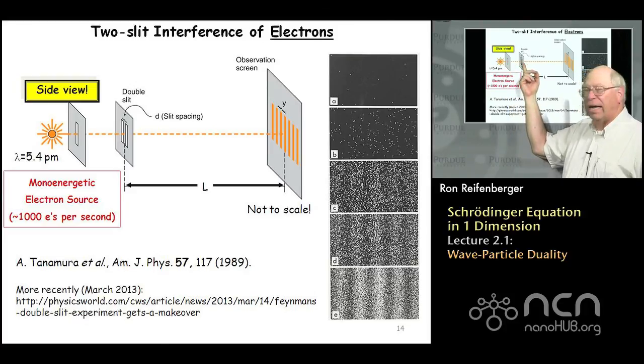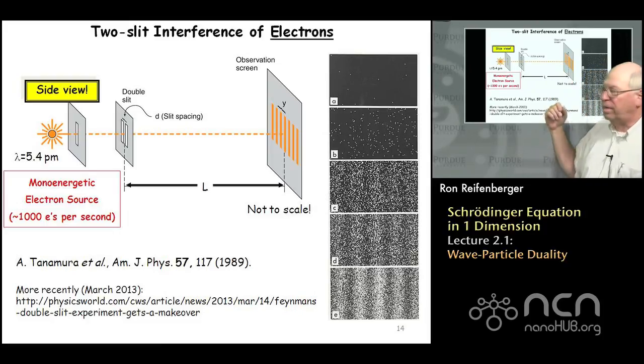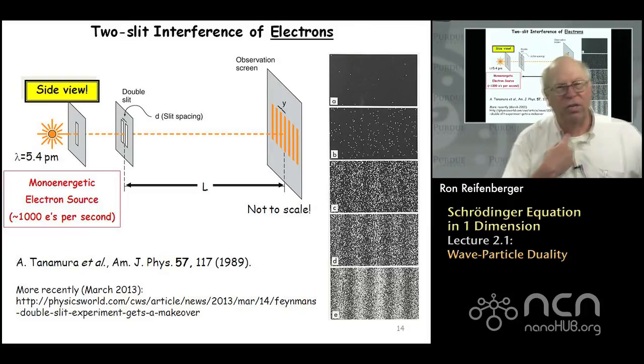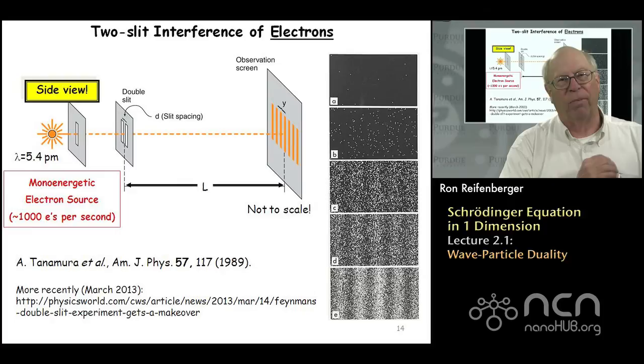You have to direct that electron source onto two slits that are closely spaced apart, and then you have to have a screen which is sensitive to electron intensity. In other words, where the electrons strike the screen. And if electrons behave as waves, you would expect that the pattern of electrons striking the screen would somewhat resemble the pattern that Young saw when he did the two-slit experiment with light in 1803.